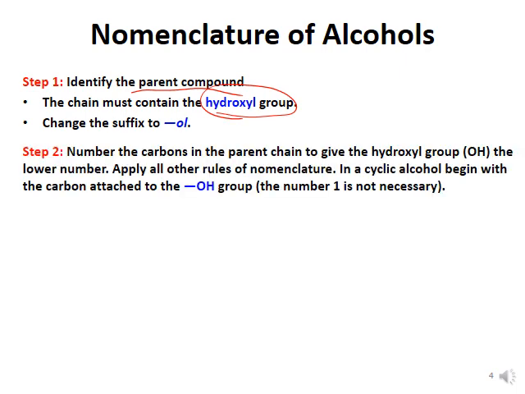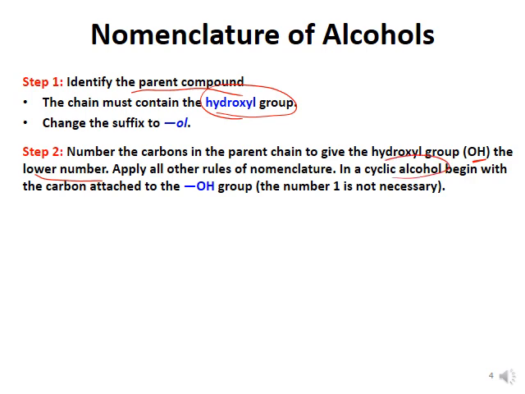So, step 2, how do you do your numbering? You number the carbons in the parent chain to give that hydroxyl group its lowest number. And then you apply all those other rules. That's why if you crank hard on naming rules in the early sets, the naming rules on the other compounds is often very similar. So you just do this same business rather than have to memorize brand new things.